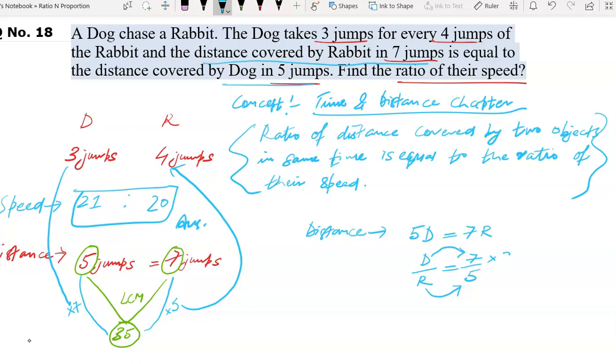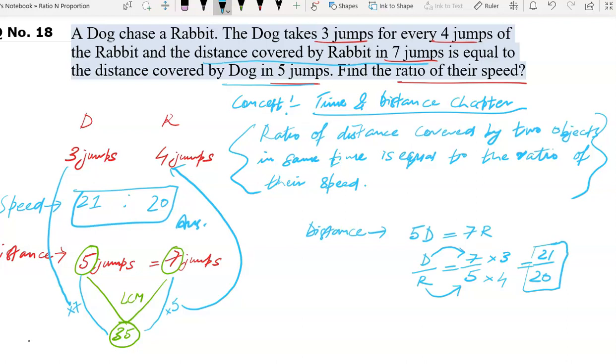So in 3 jumps, he will cover this much, 7 into 3, and rabbit takes 4 jumps. So the distance covered by dog in 3 jumps will be 7 into 3, 21. 5 into 4 will be the distance covered by rabbit. So this is the ratio of their distance. Now dog and rabbit take equal time.